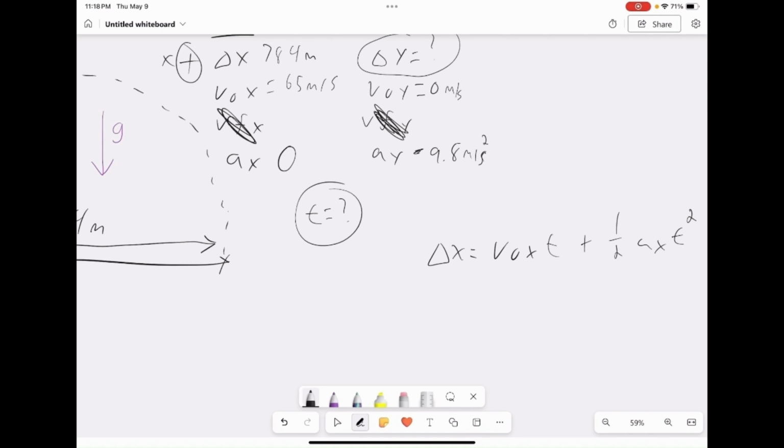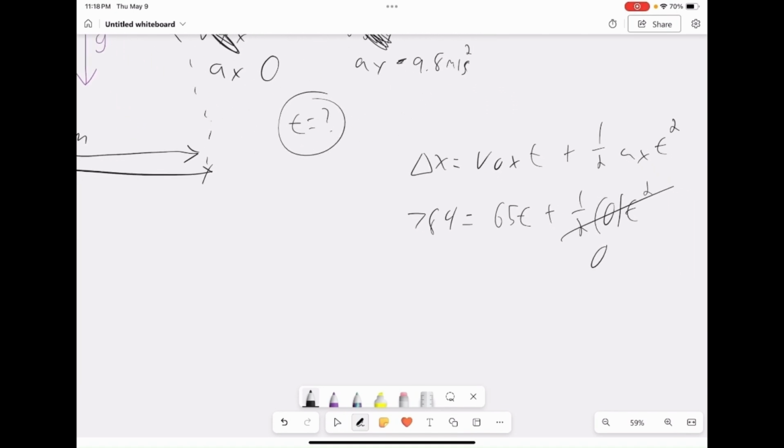Now, because we have all of our information, we can just plug and chug. So that's 784 equals 65t plus 1/2 0 times t squared. Okay, 0 times t squared is 0 times 1/2 is 0. This whole thing goes away. So we get 784 equals 65t plus 0. That part goes away.